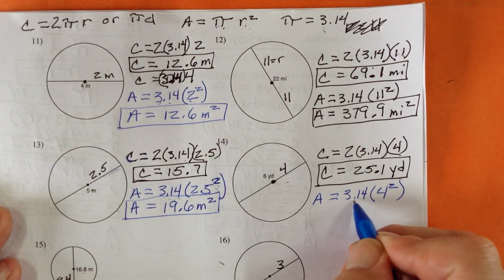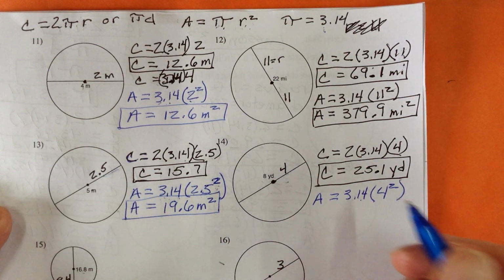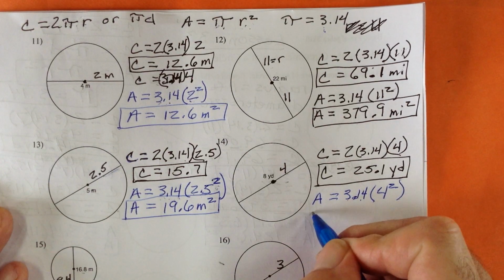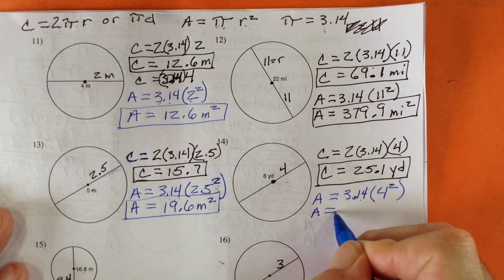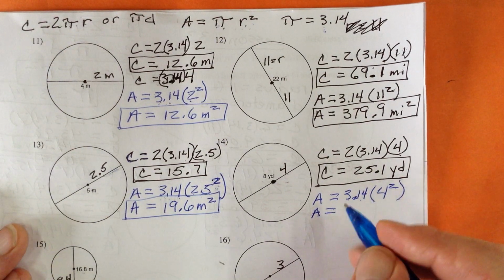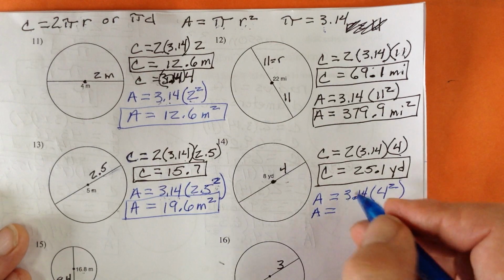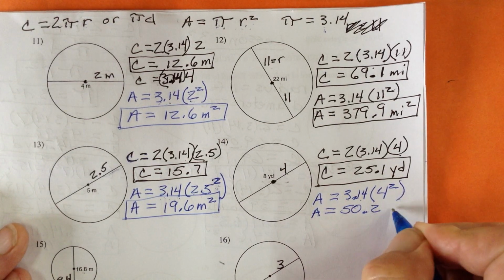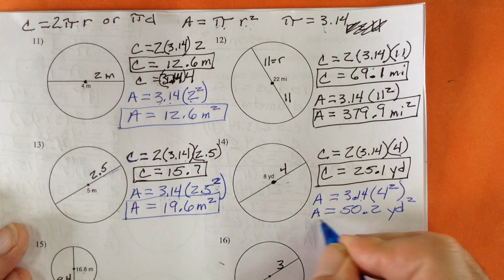So you go 3.14 times 16, or you can go 3.14 times 4 times 4, whichever is most comfortable for you. And I ended up with 50.2 square yards.